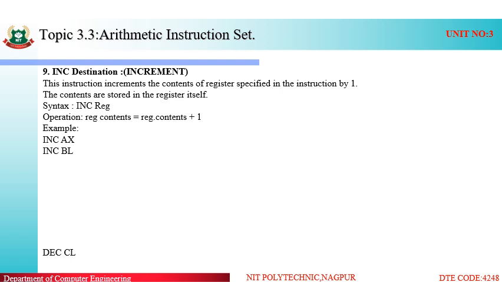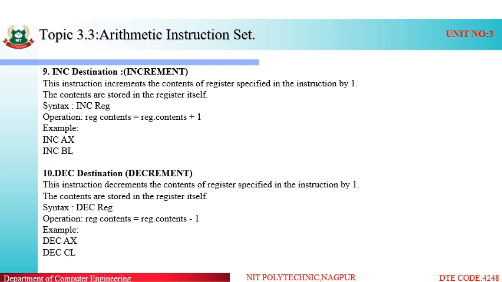It will increment the contents of the register by 1. Likewise there is the DEC instruction. This instruction is opposite to increment. It will decrement the contents by 1. Suppose CL contains 5 and we use DEC CL. The contents of CL will become 4. That is DEC.